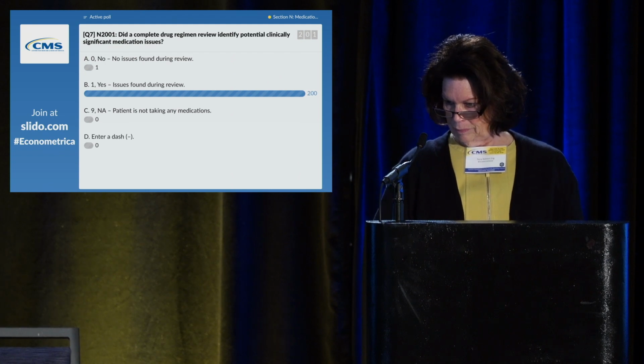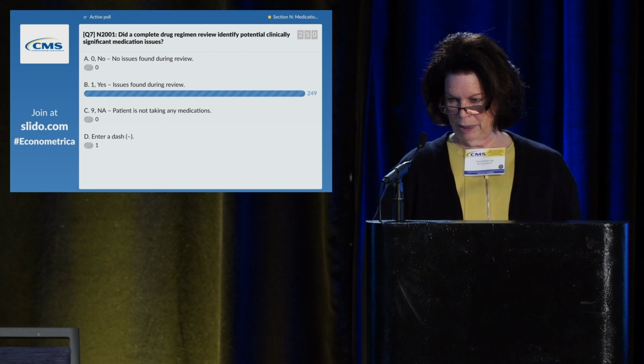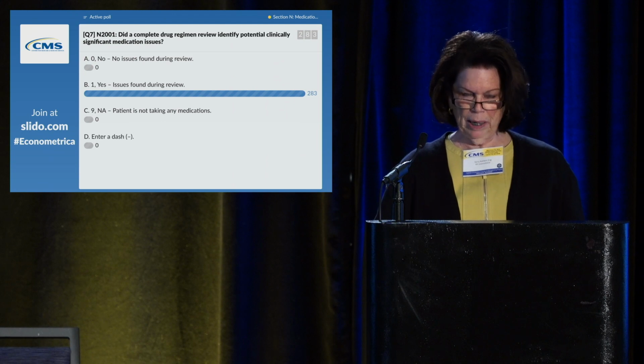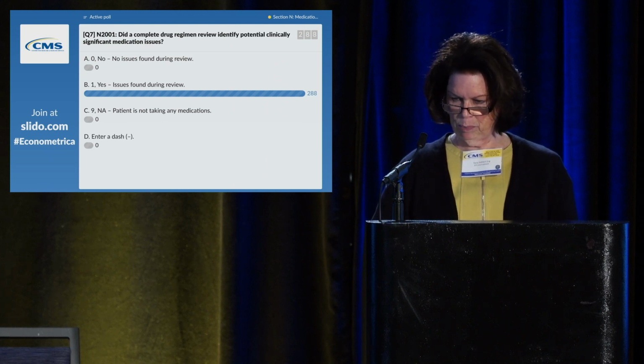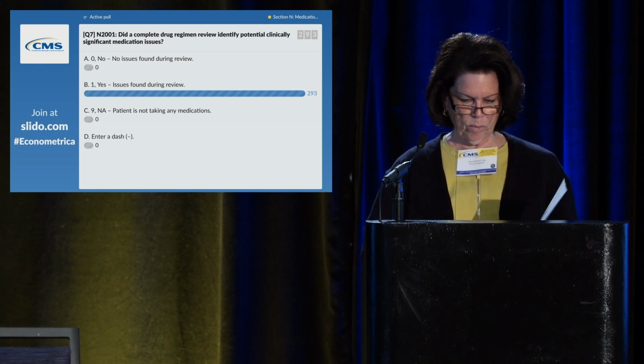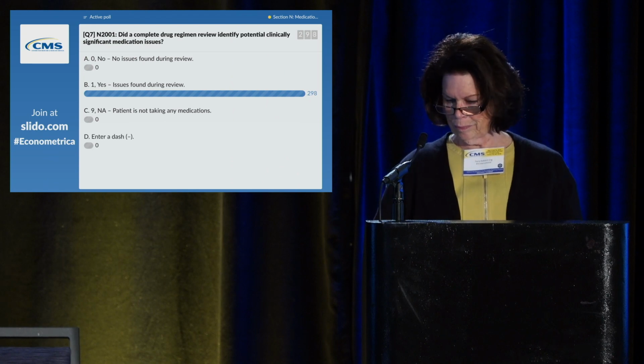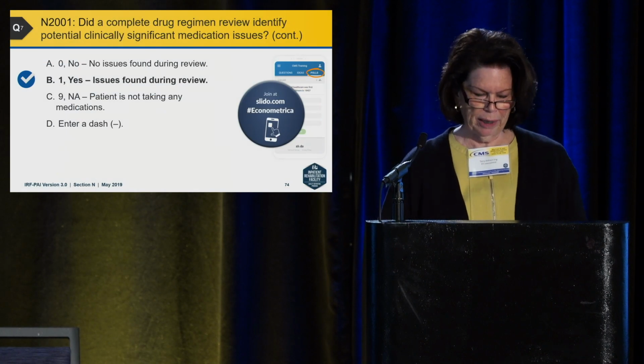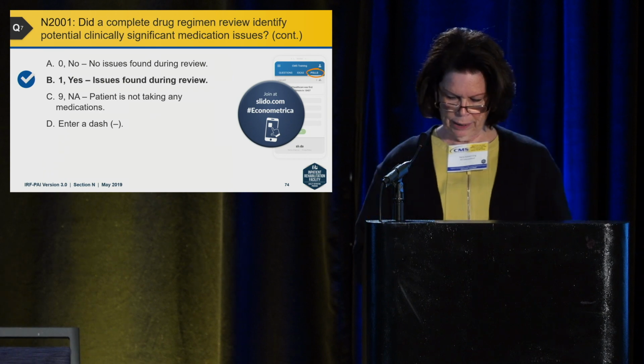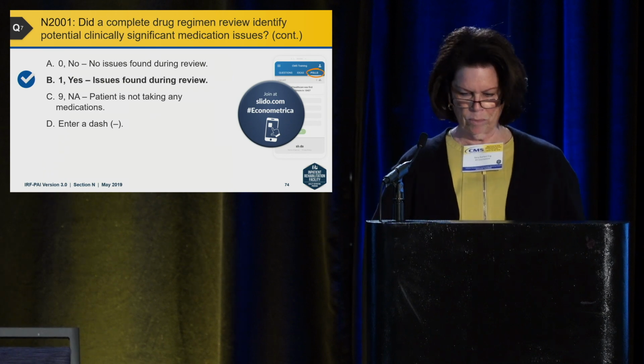Looks like people are trending towards answer B, 1 yes. We're almost at 300 responses, so I'll move on to the correct response. And the correct answer is B, 1 yes, issues found during review.